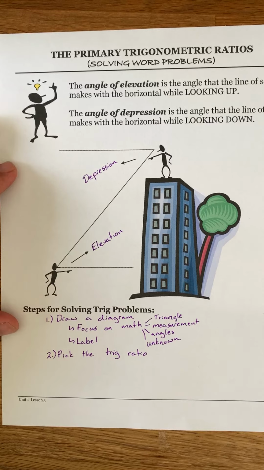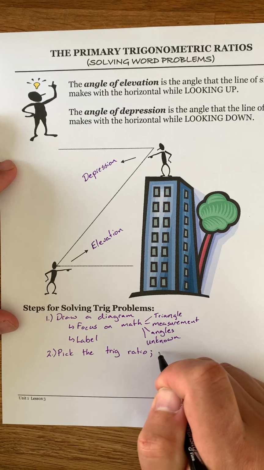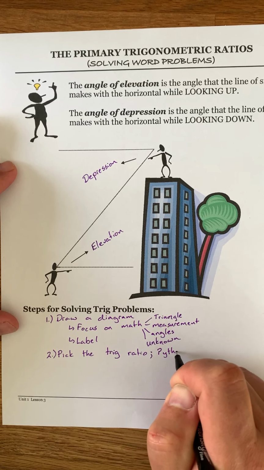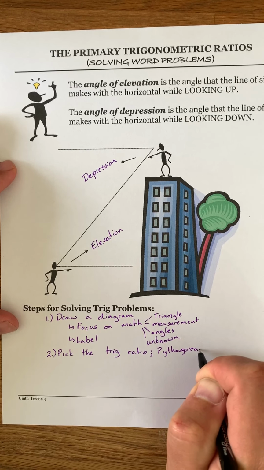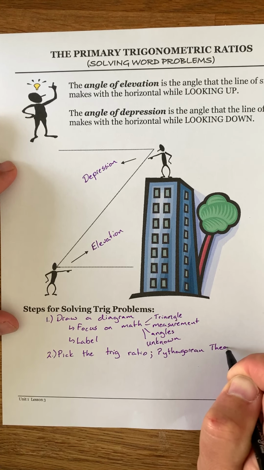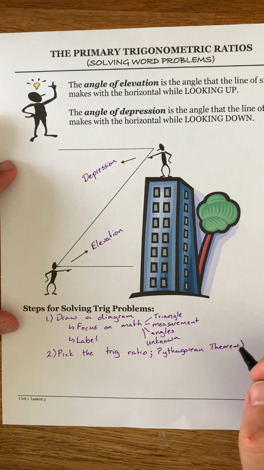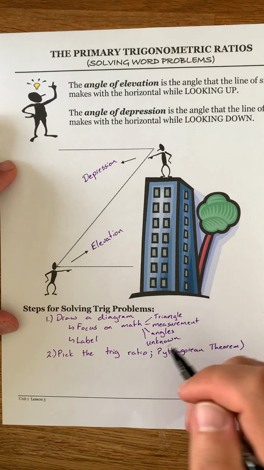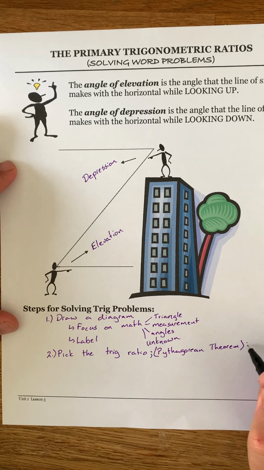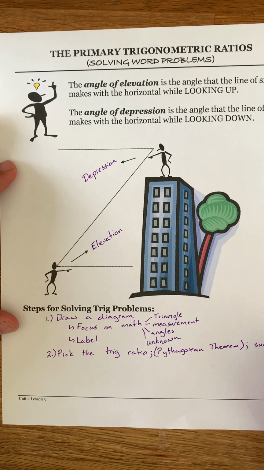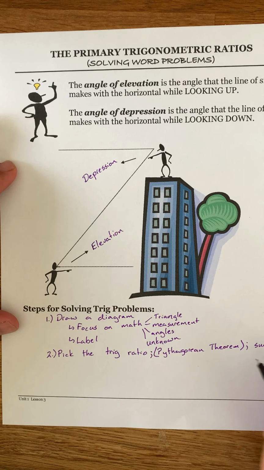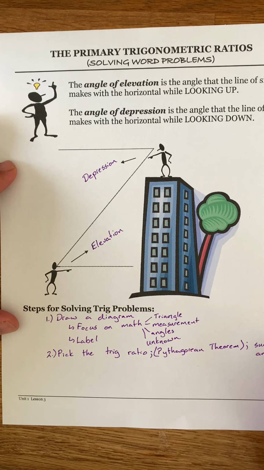For the most part, it's going to be picking a trig ratio, but don't forget there's always the Pythagorean theorem, or the fact that the sum of the angles is 180 degrees that you can also use as pieces that could help in problem solving for trig type problems.